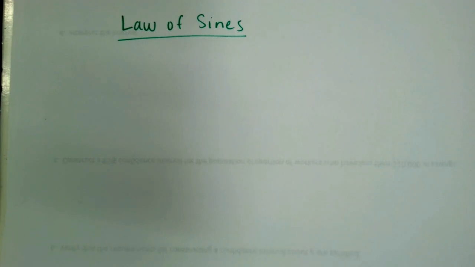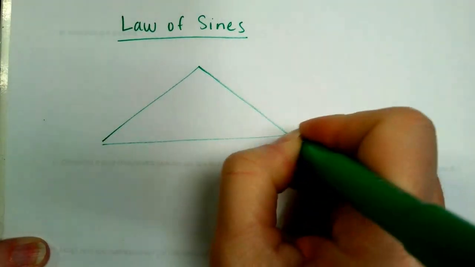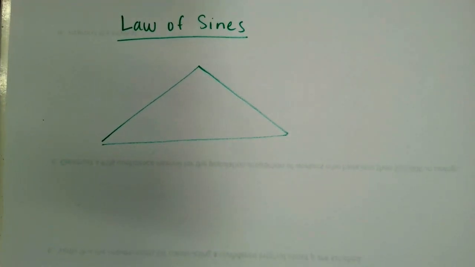But there is a way to still use trigonometry when you have a non-right triangle. So, for example, if I had an oblique triangle like that, it's a non-right triangle, which means on first appearance, I can't use trigonometry.